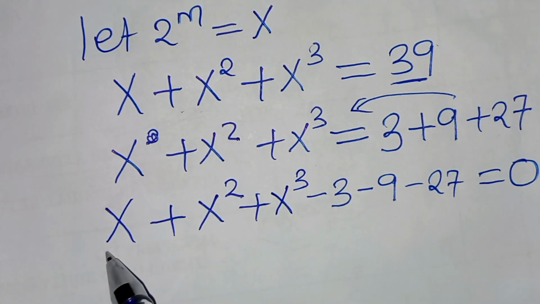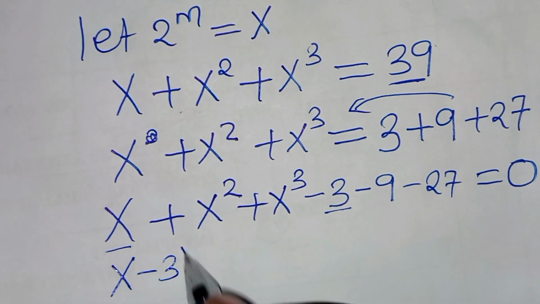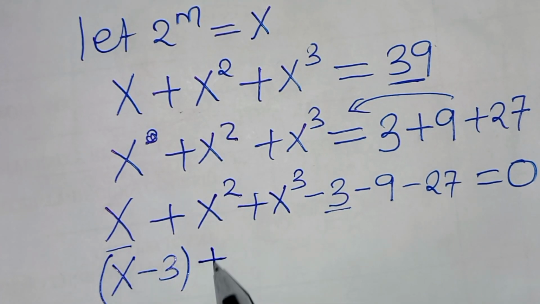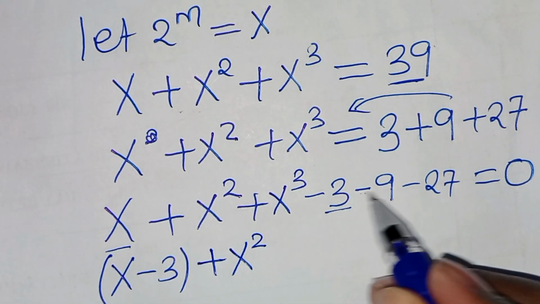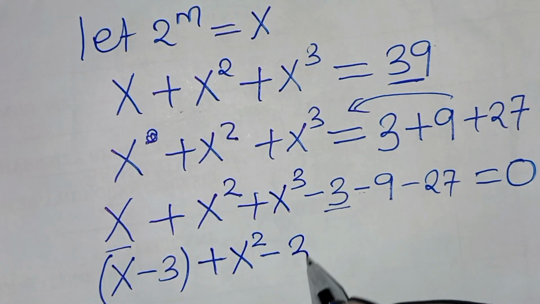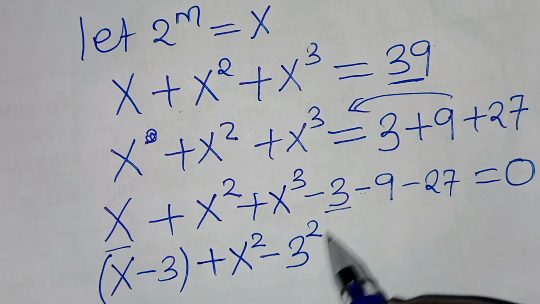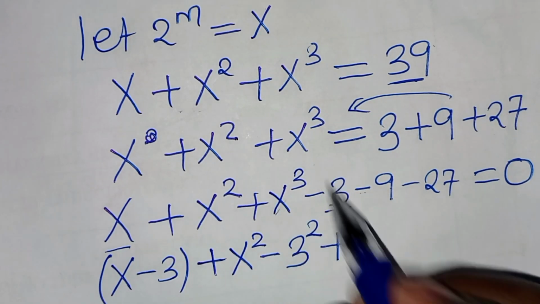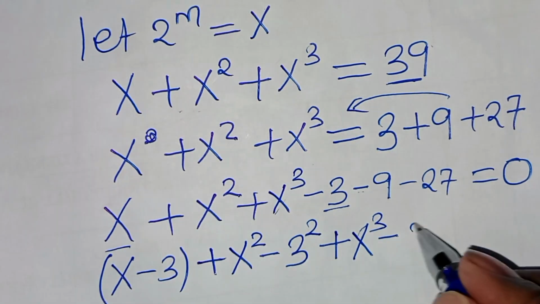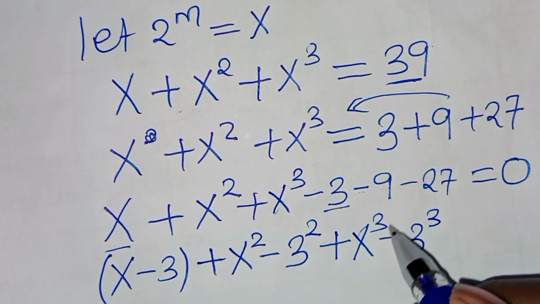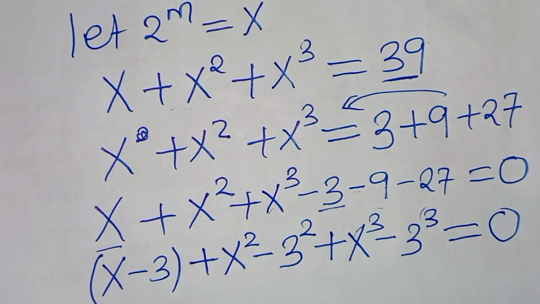Now, we can combine x and minus 3, so we have x minus 3, plus x squared, where we express minus 9 as minus 3 to power 2, plus x to power 3, subtract 27, which you can express as 3 to power 3. We have a power of 2 and a power of 2, and a power of 3 and a power of 3, equal to 0.